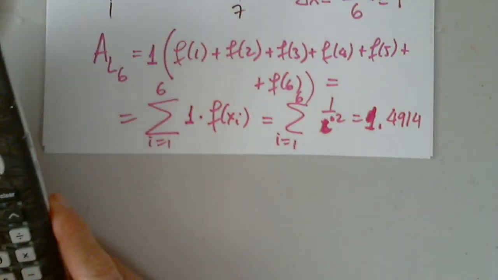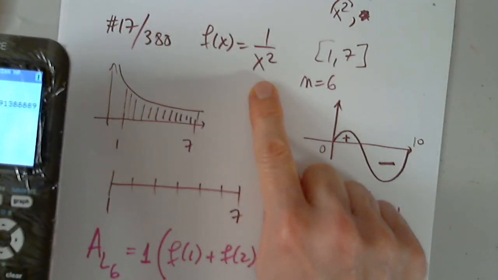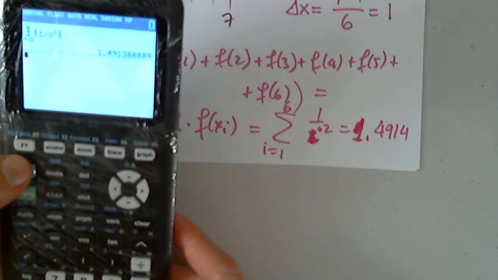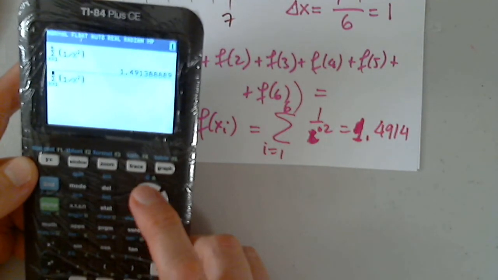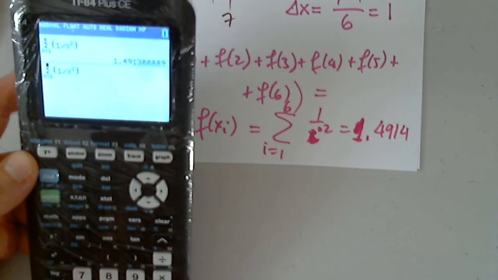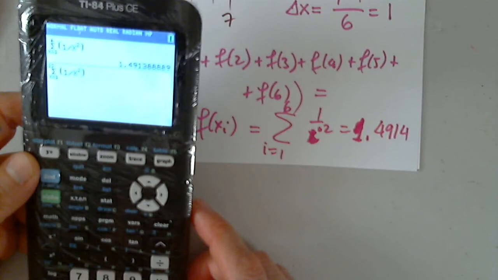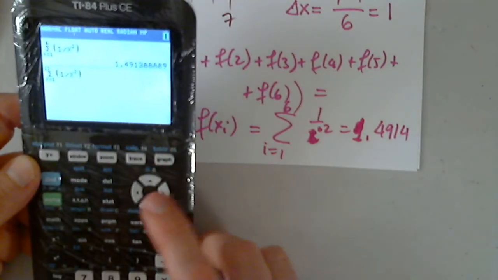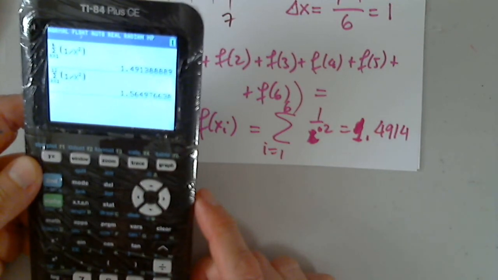In part B, this time they're asking us to use 2, 4, 6, 8, 10, 12. What function is that? 1 over i squared. Oh, okay, thank you. So now they want us to repeat with double the subintervals, 12. So we didn't need extra parentheses, but sometimes it does, so be careful if you have the same calculator.